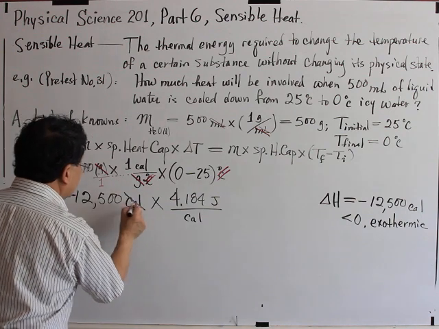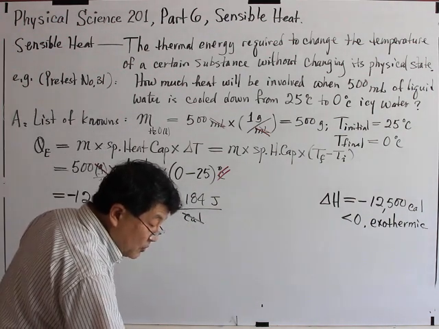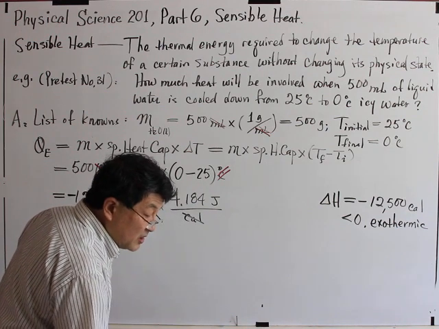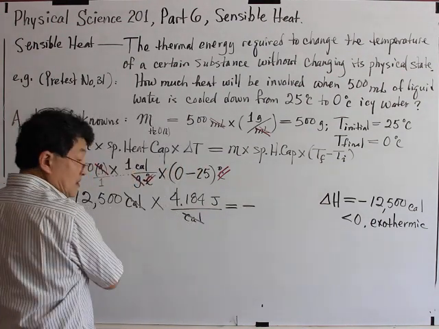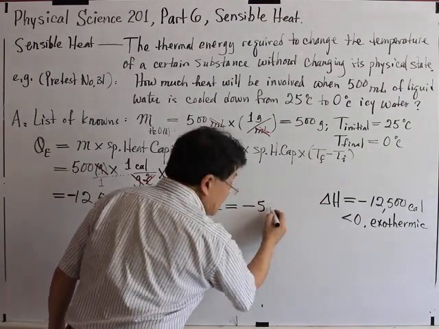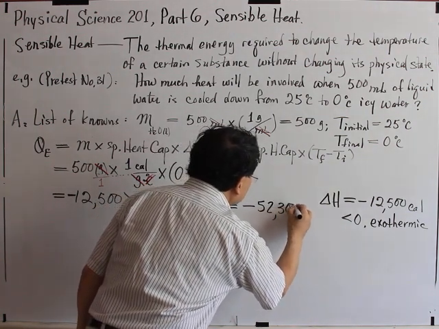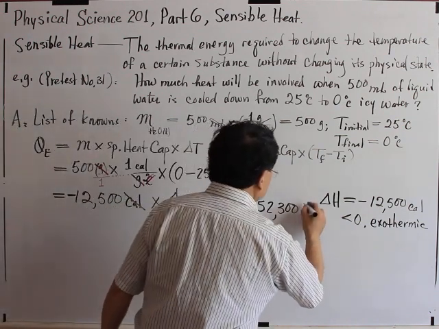The calorie cancels calorie, then you have 4.184 multiplied by 12,500, which gives you a negative, don't forget the negative sign, 52,300 Joule.